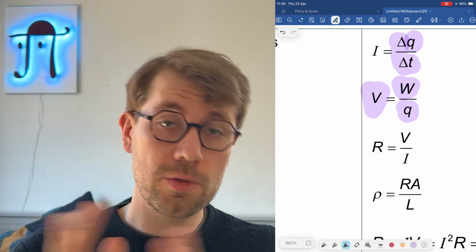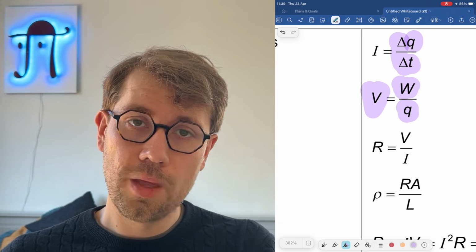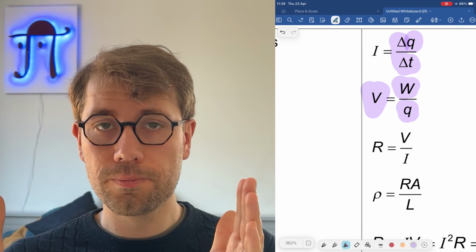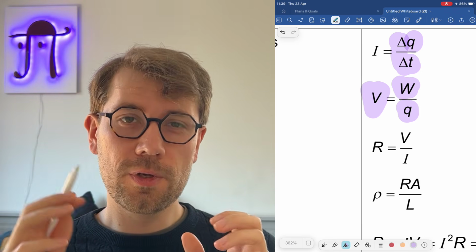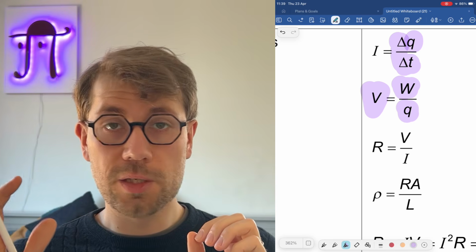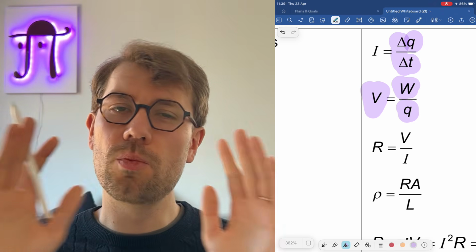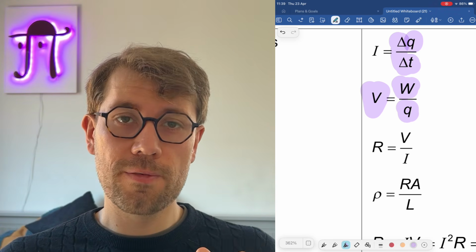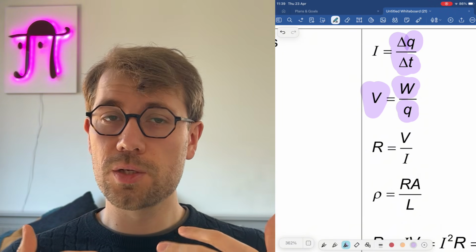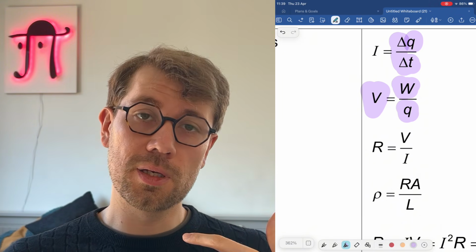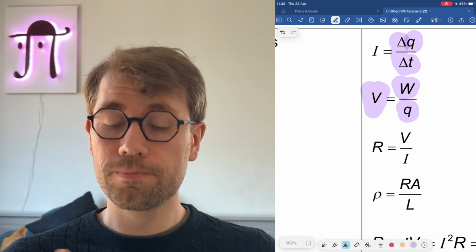It has to be from one point to another. That's why your voltmeter connects in one place and then another. And the difference between voltage, EMF, and potential difference is voltage is like your umbrella term, and EMF is when we put energy into the circuit, like a battery, and potential difference is when we take energy out of the circuit, like a bulb.